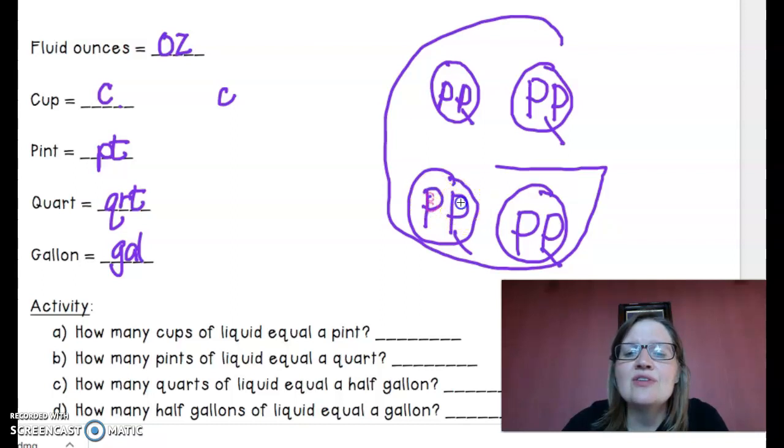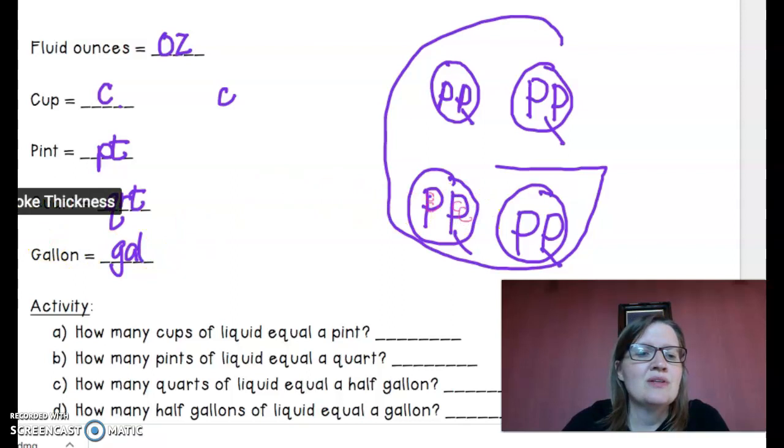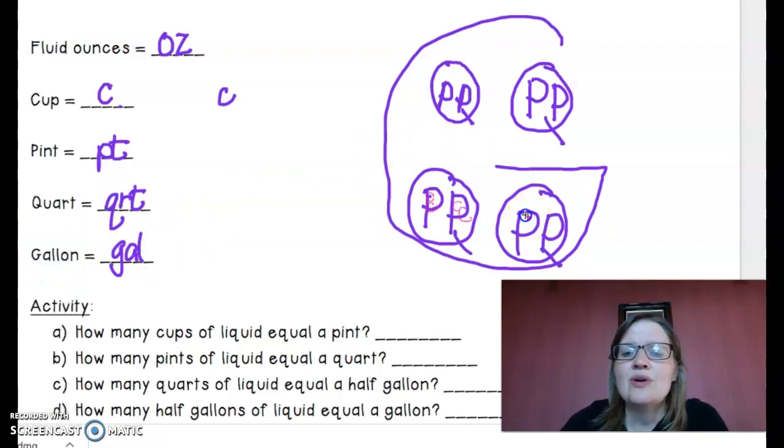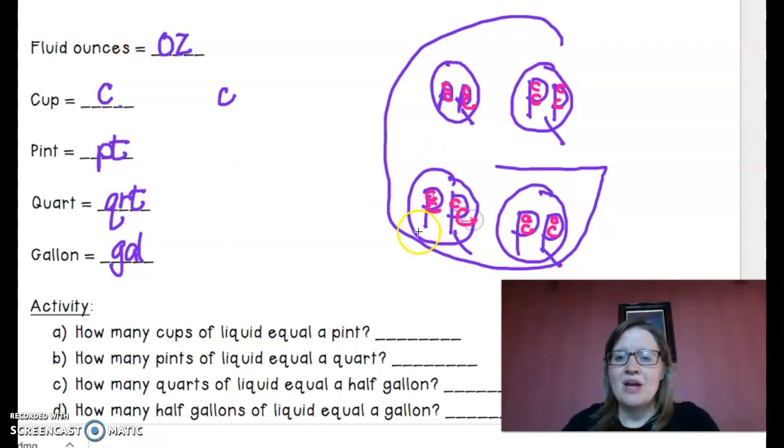Cup and cup. Maybe I'll make that a little bit bigger in the stroke. So cup, cup, cup, cup. Make these bigger, guys. I'm going to redo these. And so hopefully when you write this, this can help you remember.